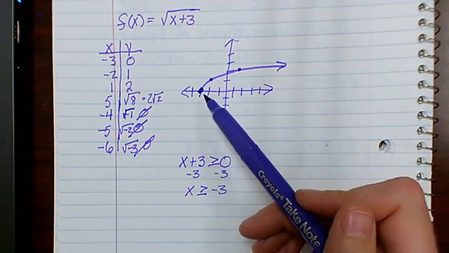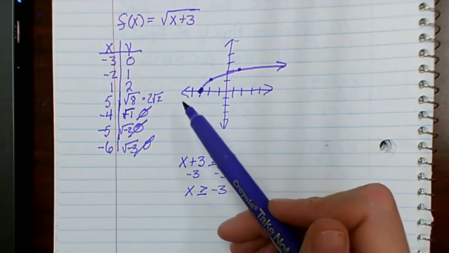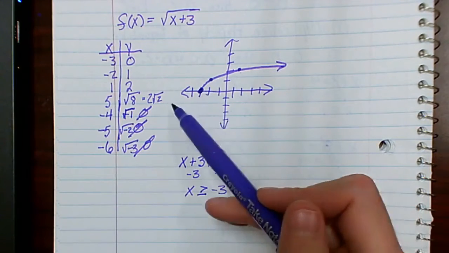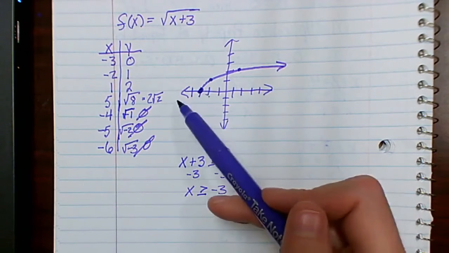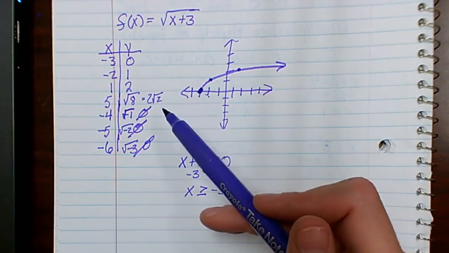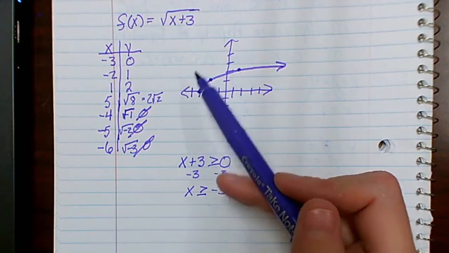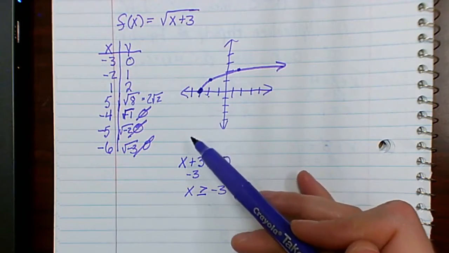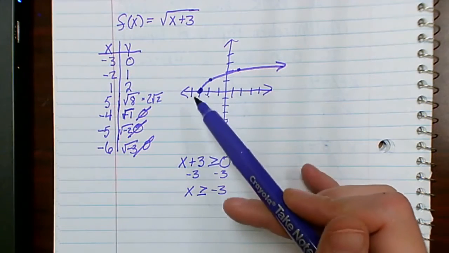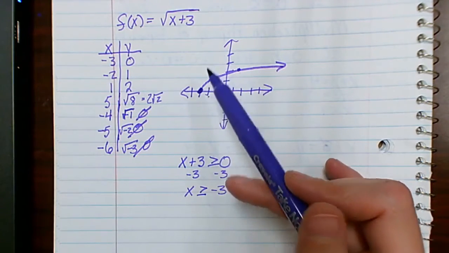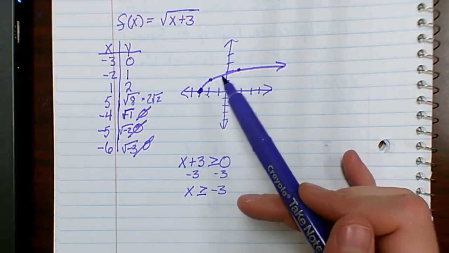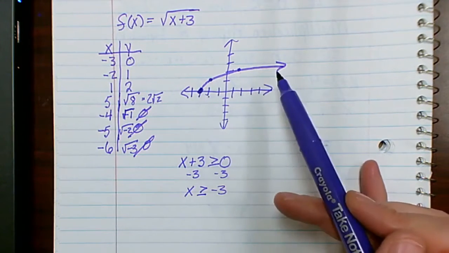And that's true here. If you look at your x values, nothing less than negative 3 is highlighted or graphed. If we look at negative 4, there's nothing in that line of sight. All of the graphed part is at negative 3 and greater.